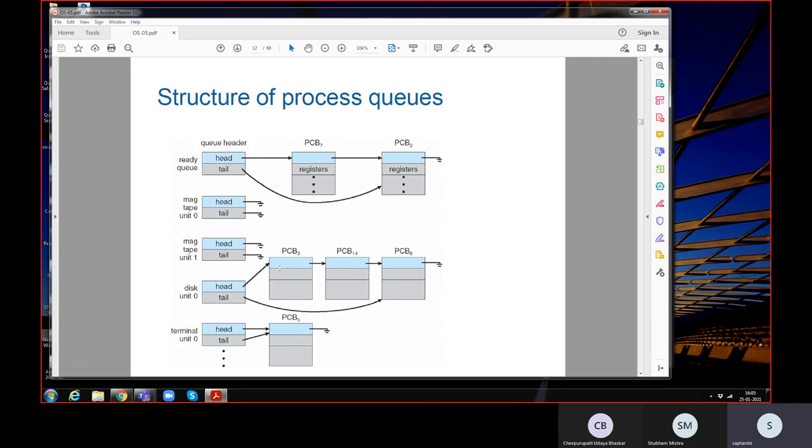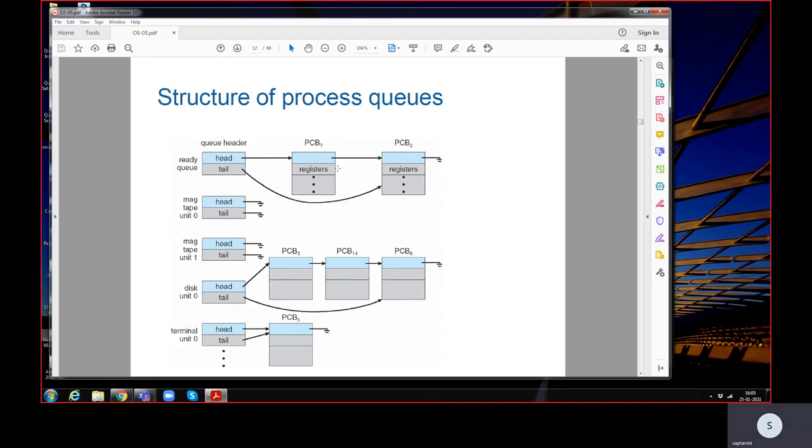So this is how there are several queues in an operating system, and a particular PCB can be in one queue at a particular point of time. Let's say PCB 3 currently is in the device queue of disk. Now once the IO with the disk completes for PCB 3, it will probably be shifted to the ready queue, unless it is waiting for anything else.